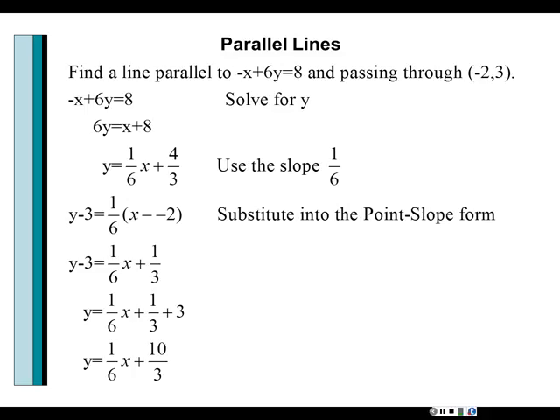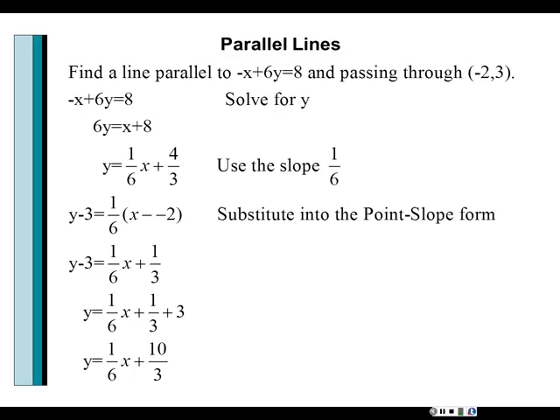Now, at this point, what we know about the new line? We know its slope, which is 1 over 6, and we also know that, look at the question. What do you know? Because you always want to ask the question yourself, what we know about the line. We know the slope.